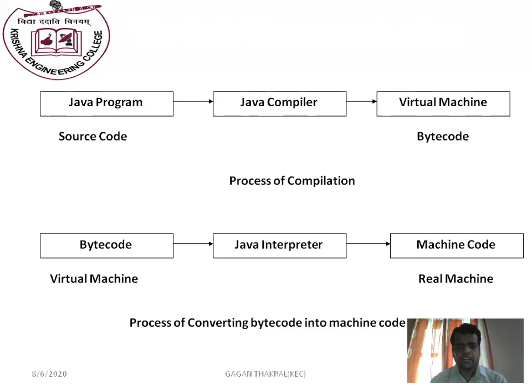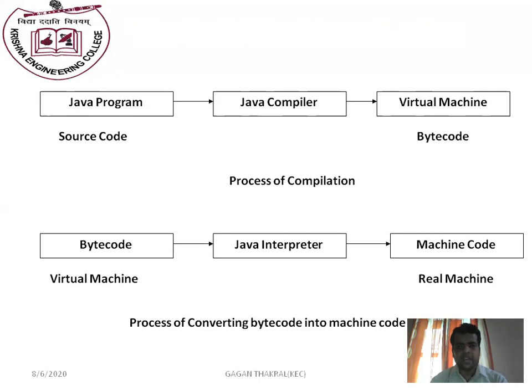The Java interpreter is represented by the keyword java in the JDK. The Java interpreter reads this .class file or bytecode file, generates machine code, and finally provides output to the user. This is the process of converting bytecode into machine code.